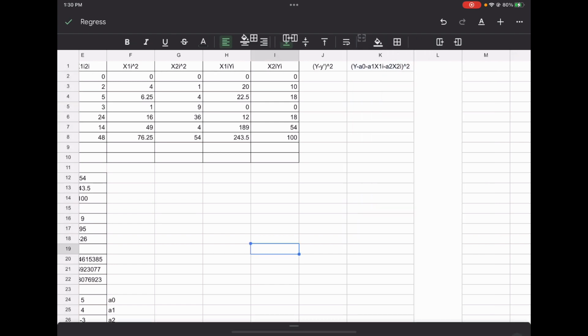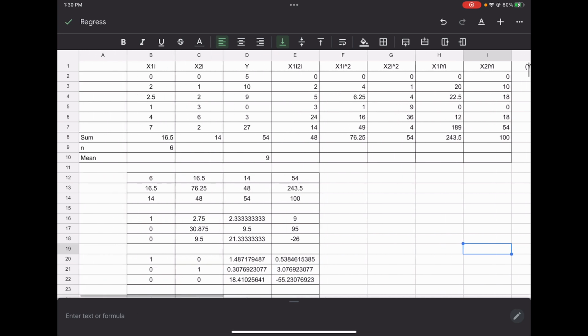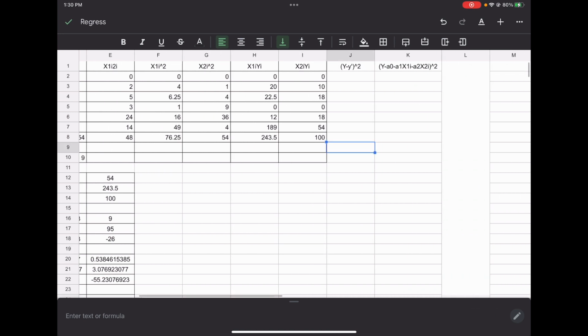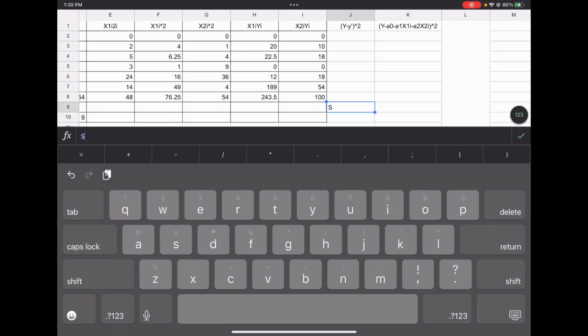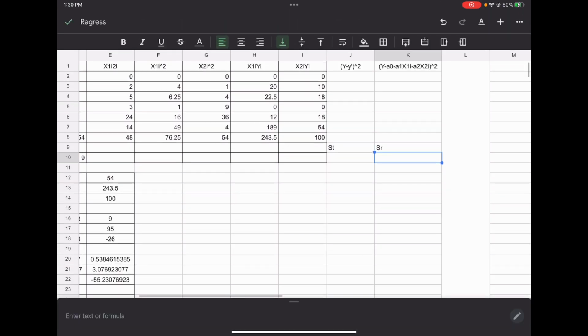So this will be our S sub t, and this would be our S sub r. S sub t is the difference between the data point y minus the mean value for y.